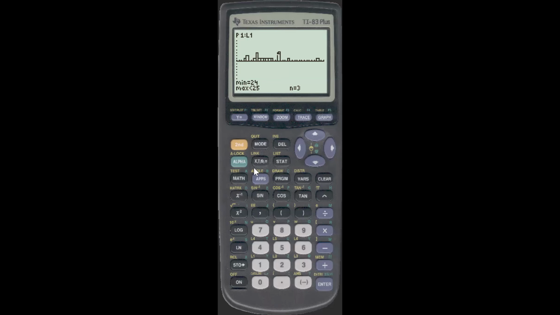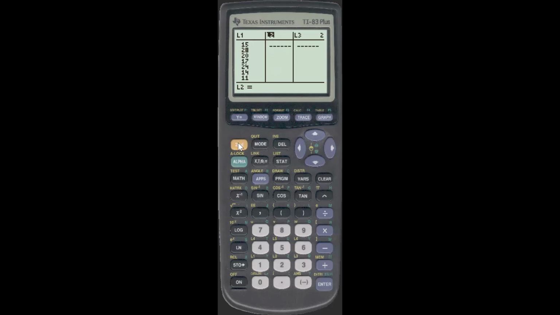So the other thing you can do here, I'm throwing a lot at you, is you go to Stat, Edit, and you go up to L2. Let me know when you're up there. So then this is going to be maybe unclear, but we're going to try it together.